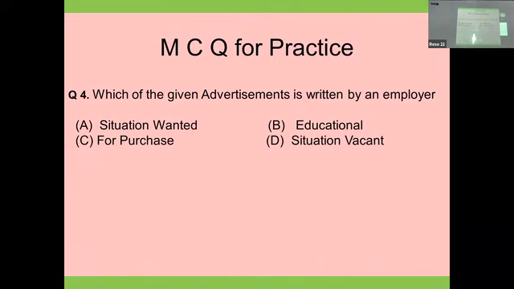Don't jump to the answers unnecessarily. What do you mean by the employer? The one who gives jobs to others. So it will be situation vacant. The correct answer is D, not A. Abhishek, incorrect answer. The correct answer is D. Employer is the one who gives the job, and the one who needs the job is the employee.